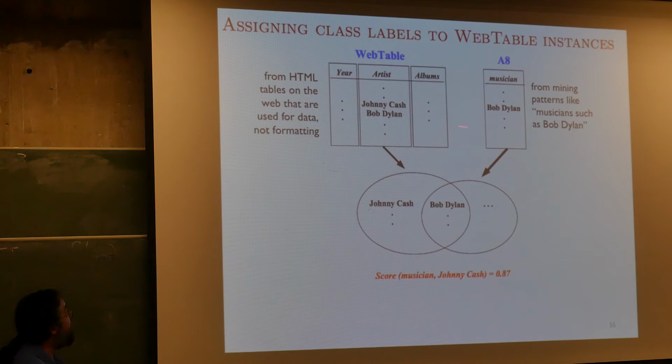And the other thing they looked at was text patterns, like musicians such as Bob Dylan. So again, you have one node for every one of these patterns. So blank such as blank, you would look at the category thing. And again, you'll have one node for that category and then one node for each one of those instances.